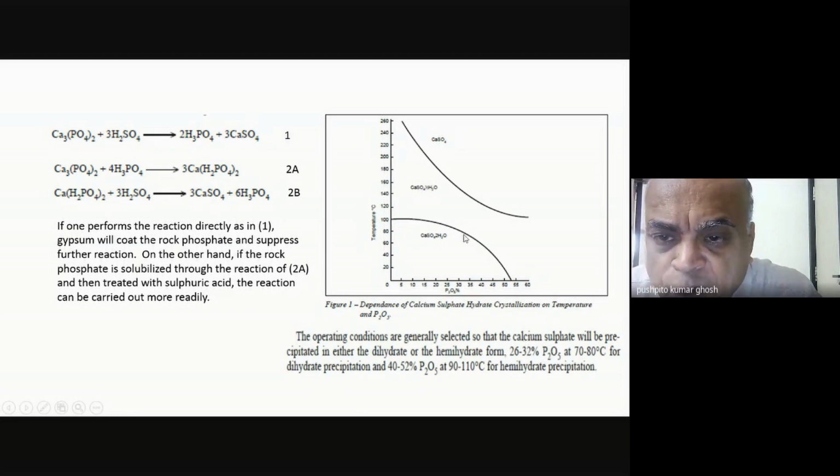They are probably talking about a temperature of around maybe 85 degrees centigrade, because if they don't do that, the rate of the reaction is too low. So this is the compromise, maybe around 80, 85 degrees centigrade. They will be cooking it up, and they'll end up with phosphoric acid with 26 to 32% P2O5, and you'll get a stable calcium sulfate.